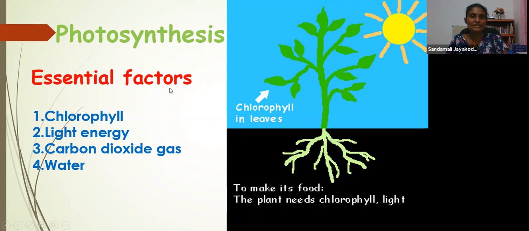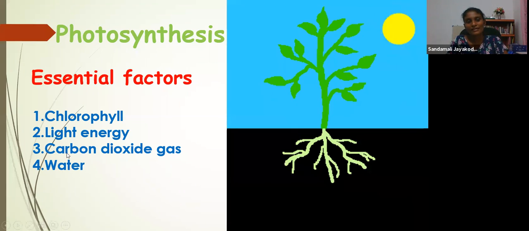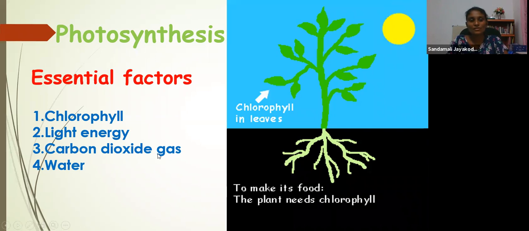You can see here there are some essential factors for the photosynthesis. Mainly 4 factors are essential for the photosynthesis to occur. As you told me, water is absorbed from the soil, and then another gas named as carbon dioxide is absorbed from the atmosphere.